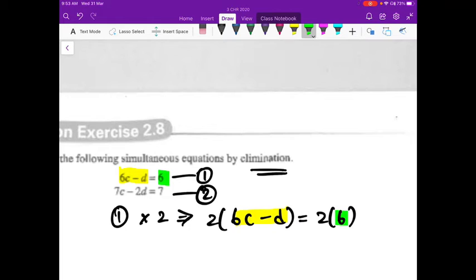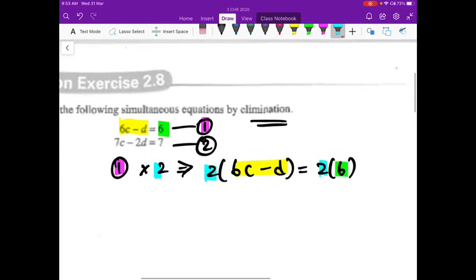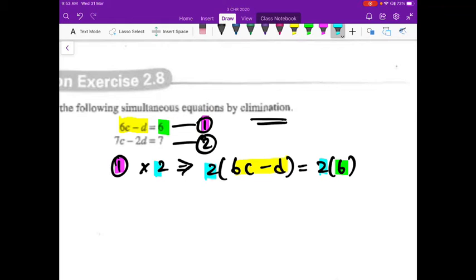We are just multiplying equation number 1 by 2. Why are we doing this? So that we will end up with a 2D. It is the same in our equation number 2. So let us go ahead and expand. Therefore, 12C minus 2D equals to 12.